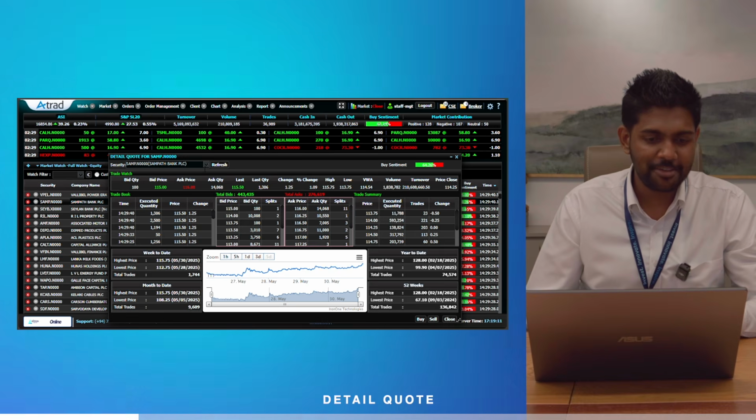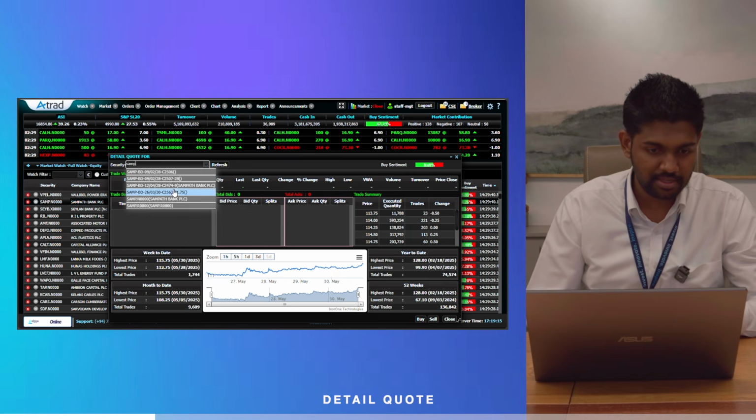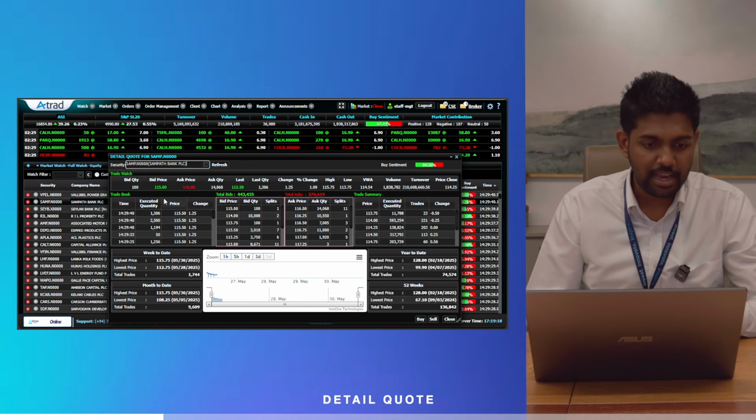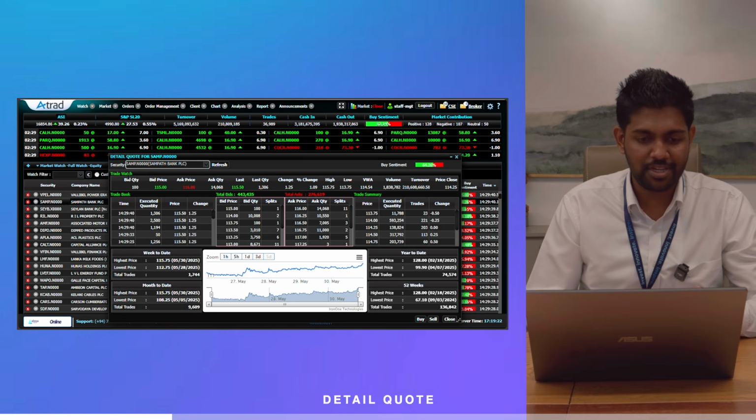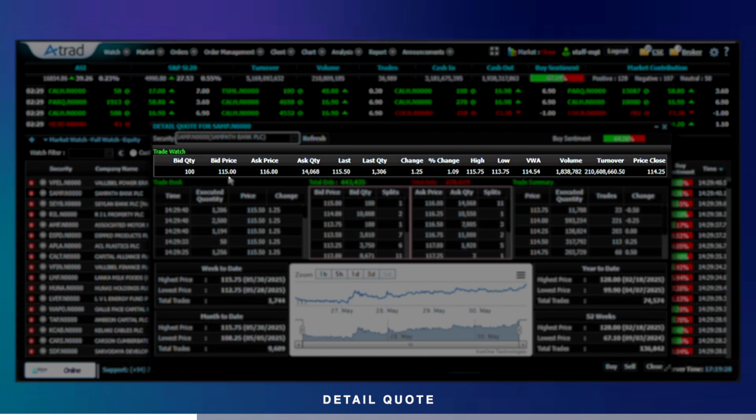And in here, you can select the security, which of course is Sampath Bank, and you see the trade watch, where you can easily see the current market. As we have discussed, there are 100 shares available for bid, and then the asks and how many shares.